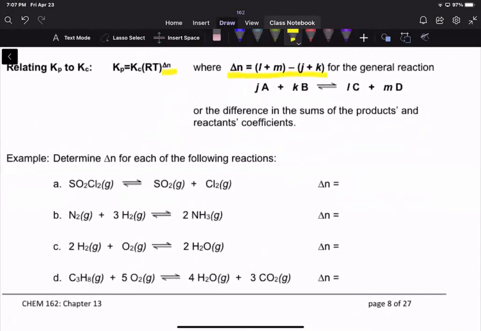So let's take a look at it for these equations. Our delta n for A is just 2 minus 1 equals 1. For B, we have 2 minus 4, so that is minus 2. So we'd have 1 over RT squared.